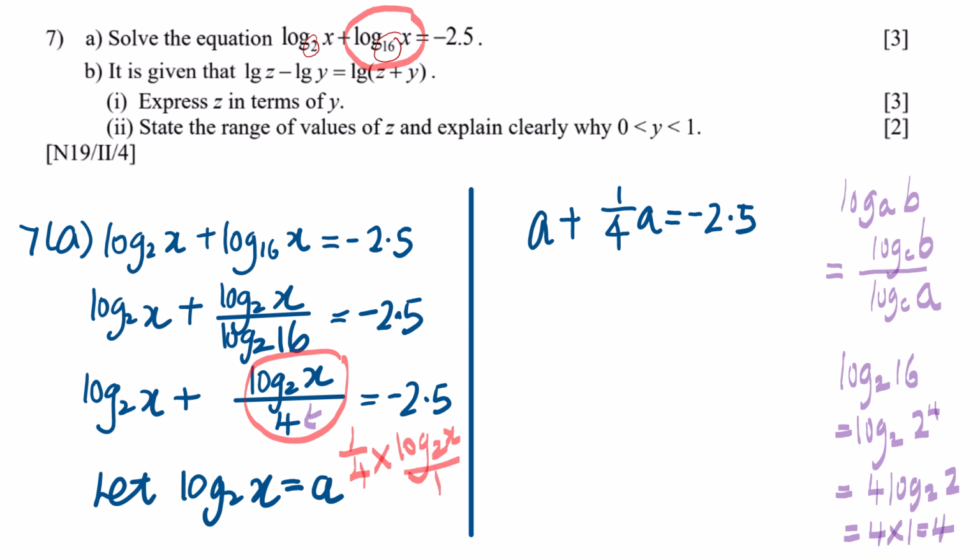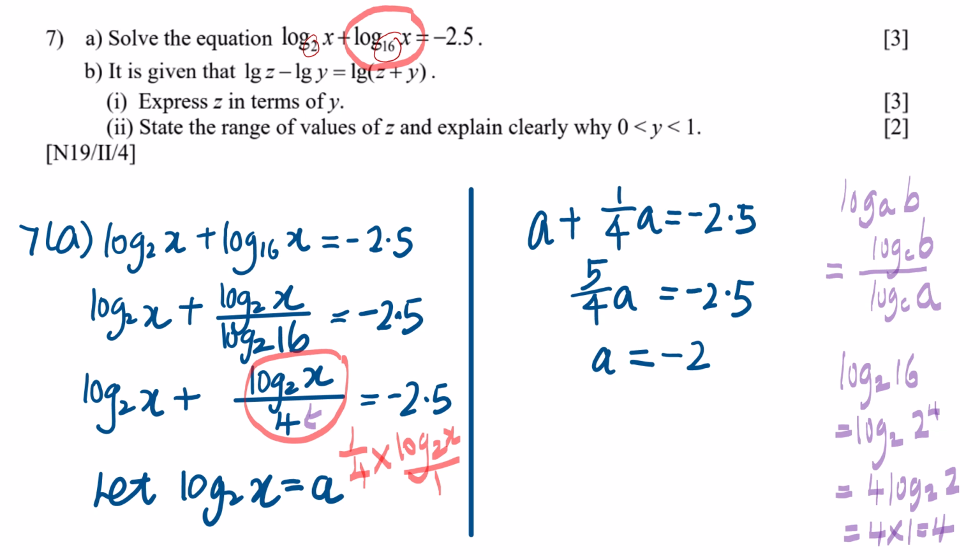So that gives you 1/4 times A over 1. A over 1 is just A, so that gives you 1/4 A. So A plus 1/4 A will give you 5 over 4 A, and making A the subject will give you -2.